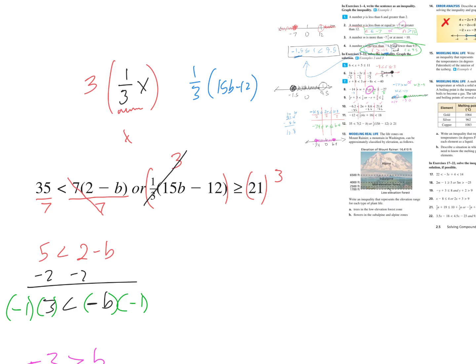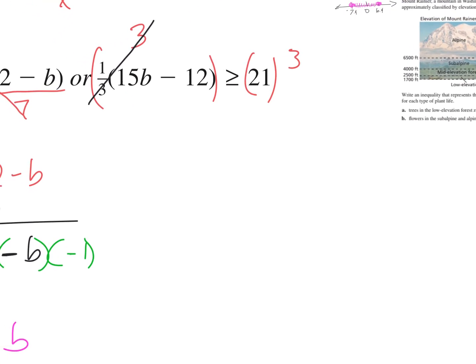That changes what we know about this, but this is still technically one term. It's just 1/3 times this thing. So when I multiply this whole thing by 3, I would just get 15b minus 12. And guess what? That's what we're going to get right here: 15b minus 12 is greater than or equal to 63.